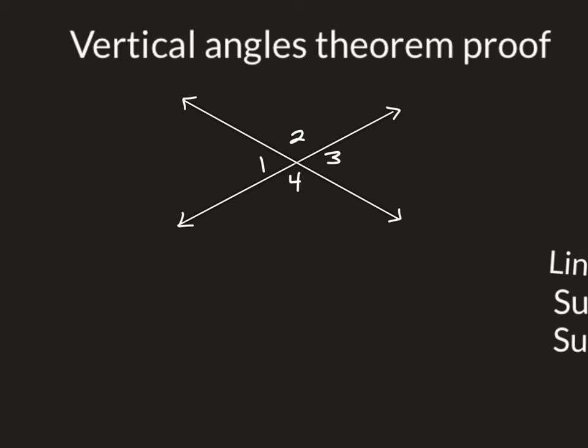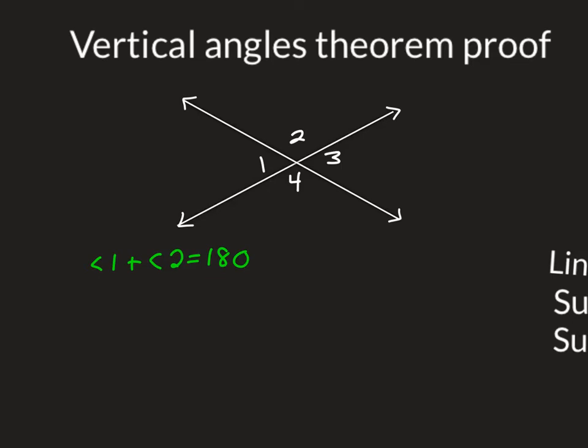So let's go ahead and prove this vertical angles theorem. Let's think of an example here, and maybe think about angles 1 and 2. What's true about angles 1 and 2? Well, angles 1 and 2 are on a straight line, and a straight line adds up to 180 degrees. So angle 1 plus angle 2 equals 180.